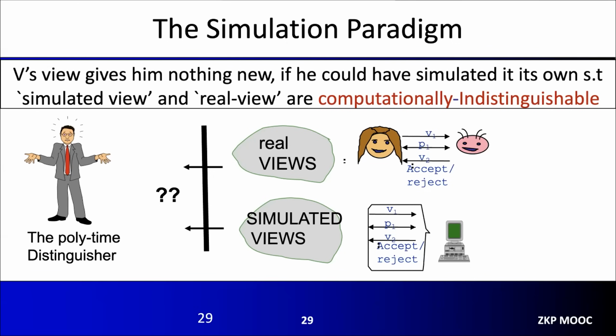Let's chew into this a little bit further. What does it mean that two probability distributions are computationally distinguishable? In our case here, the two distributions are the real views and the simulated views, but it doesn't have to be applicable to this particular setting.